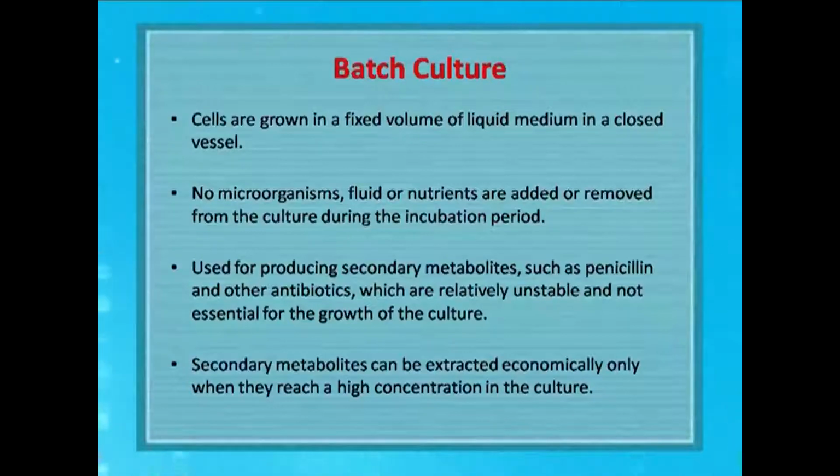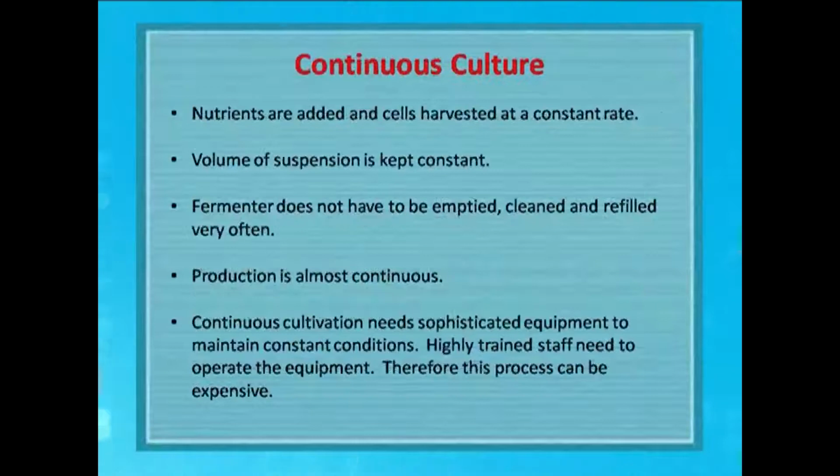But on the contrary, continuous culture is a process where the nutrients are added and the cells are harvested at a continuous rate, where the volume of the suspension is kept constant and the production is more or less constant for a definite period of time.